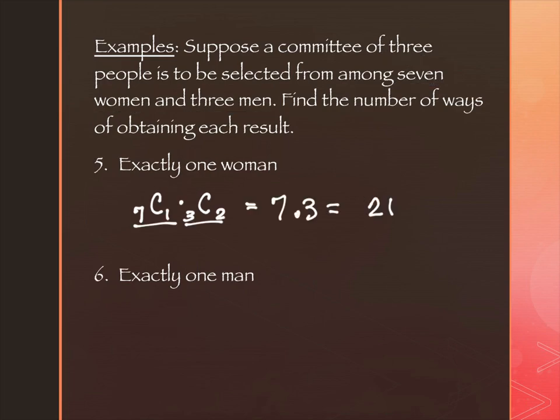So there's 21. How about exactly 1 man? How do I get 1 man to be on this committee? 3C1. There's 3 men to pick from and I pick 1. But that is not my whole committee. What else do I need? 7C2. I need to finish out my committee. These numbers at the end here are my committee members. I've got 1 of them and I've got 2 of them. That's a total of my 3. 3C1.